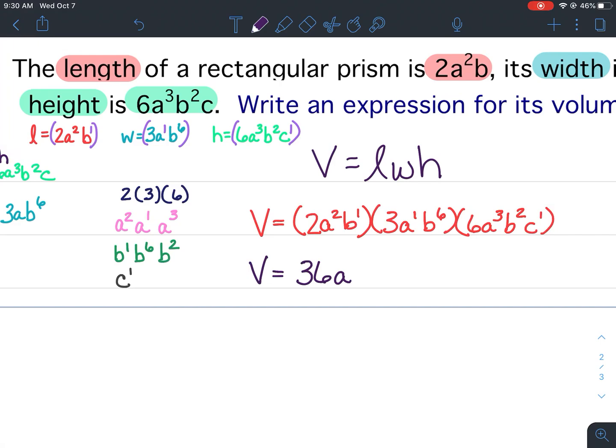So for the a's, I've got 2 plus 1 plus 3, and that would give me a to the sixth. For the b's, 1 plus 6 plus 2, that would give you 9. And c would just stay c to the first. And because it's our final answer, I don't need to worry about the 1.